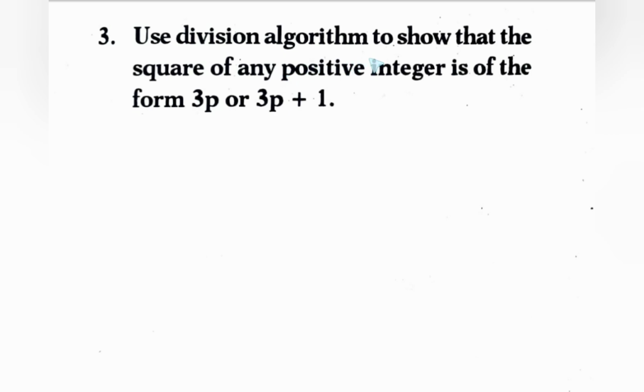Use division algorithm to show that the square of any positive integer is of the form 3p or 3p plus 1. Now let a be positive integer. Then from Euclid's lemma, a equal to bq plus r.